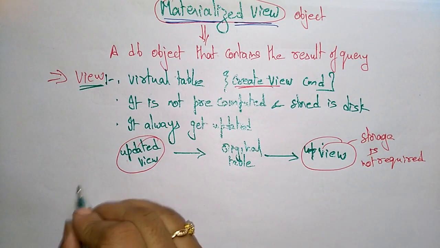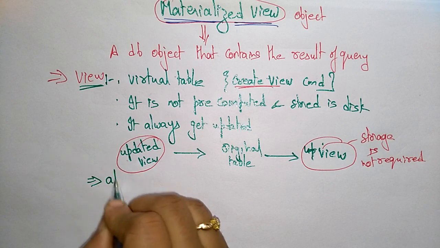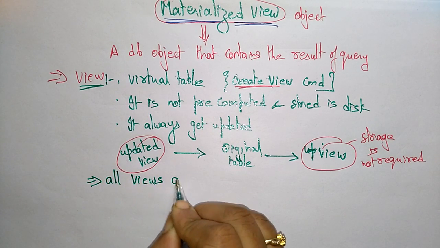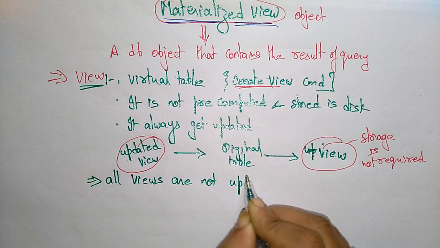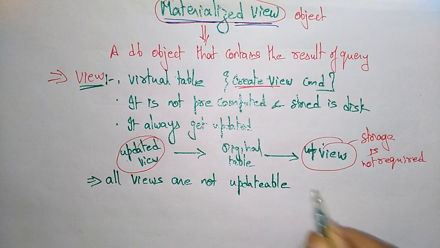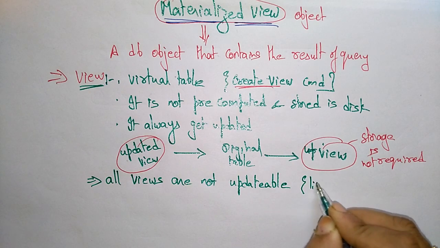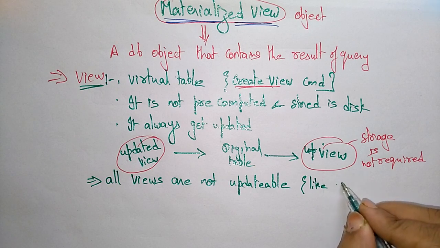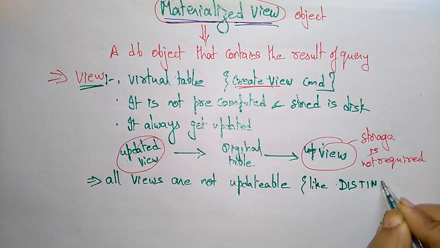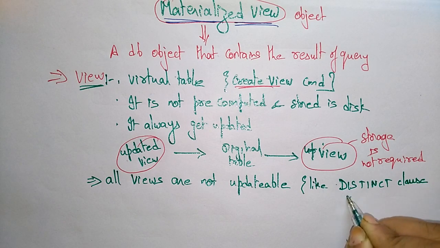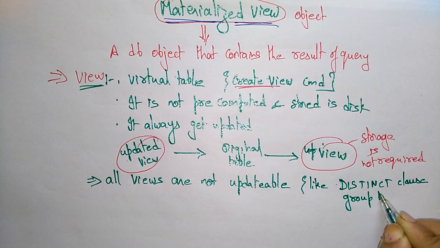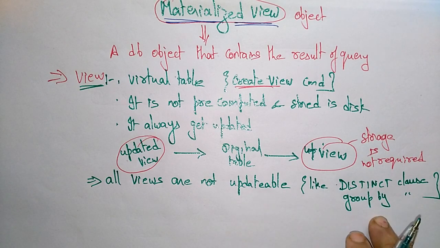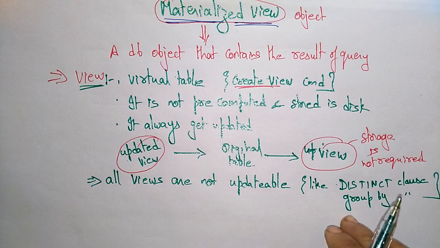The main thing to note in views is that all views are not updatable, like a view created using a distinct clause or group by clause. For these it is not updated automatically. So to update these also we will use the materialized view.